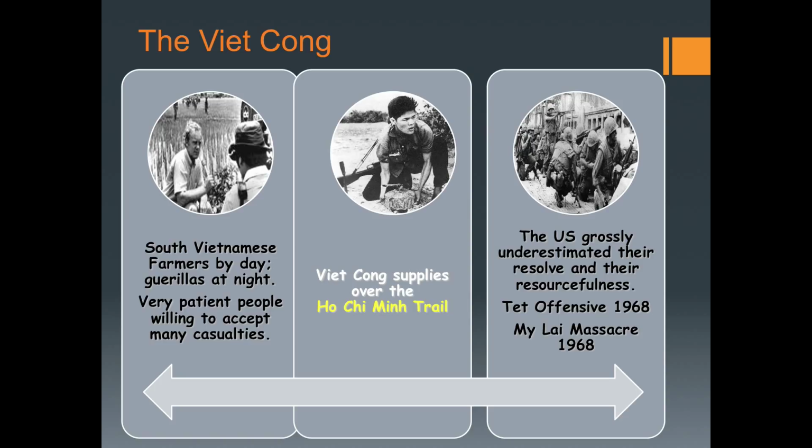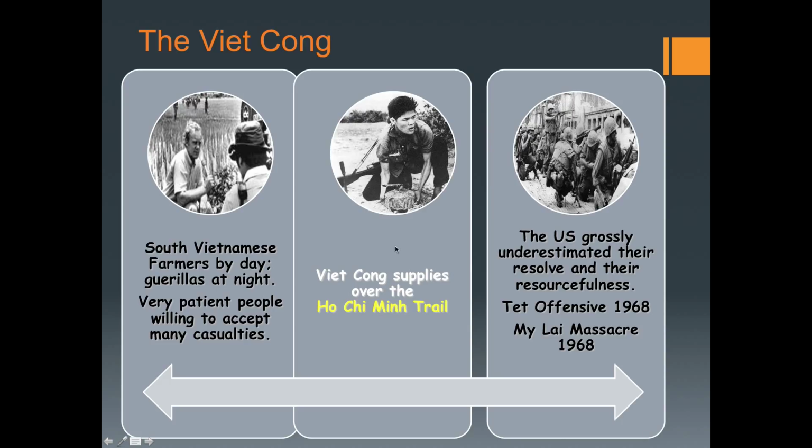In their mind, they are revolutionaries. In their mind, they are George Washington and Thomas Jefferson. Many of these Viet Cong guys could actually recite by heart the Declaration of Independence. Very patient, very willing to accept casualties. They will kill themselves in order to take out American troops. That's how dedicated these young men are going to be.